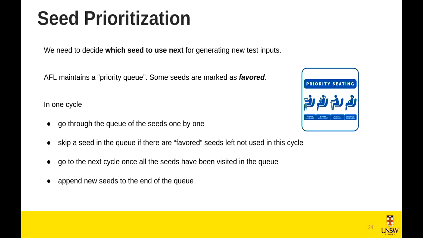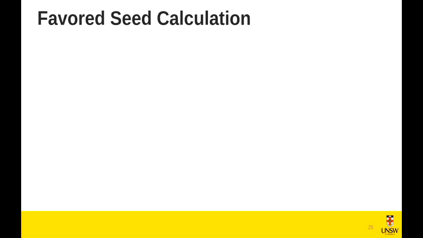You may wonder, how do seeds get marked as favored? Here is how it is calculated. AFL maintains something like a dictionary in Python, which is basically a set of key-value pairs.